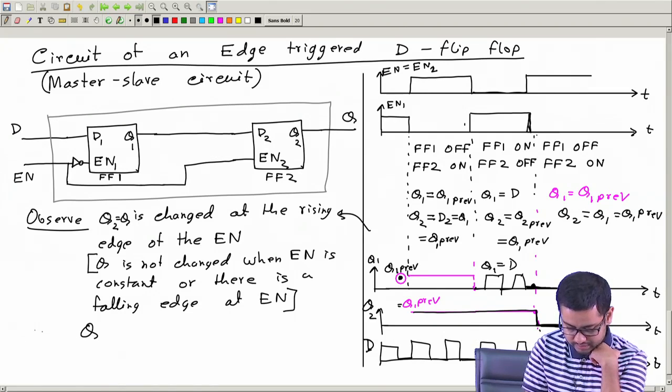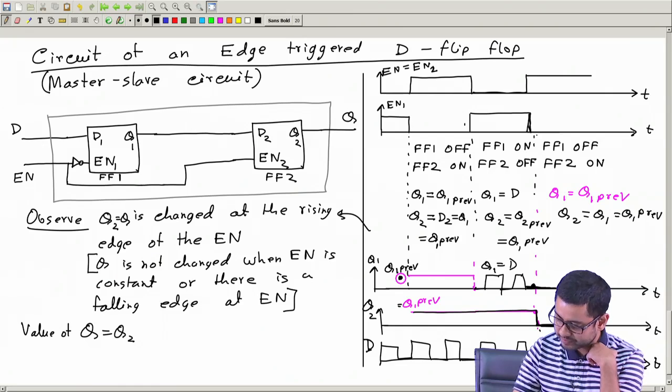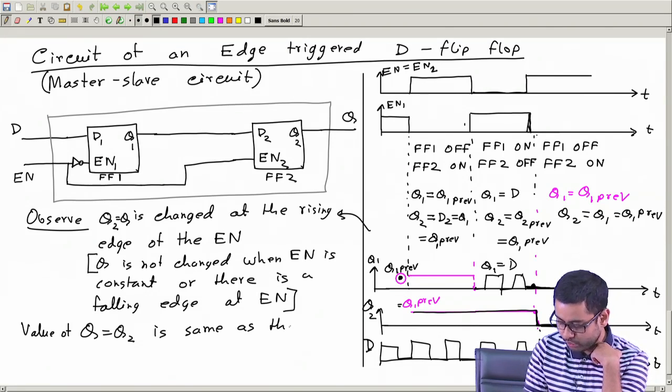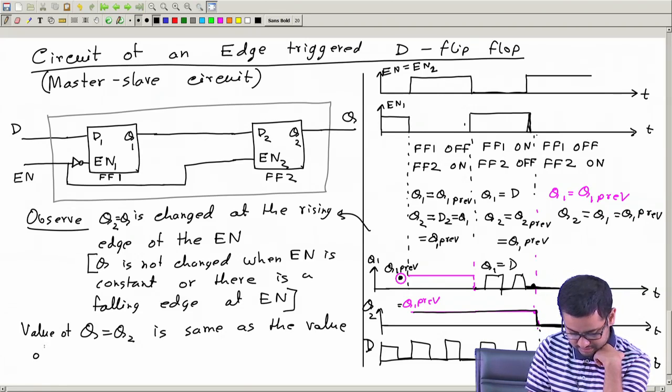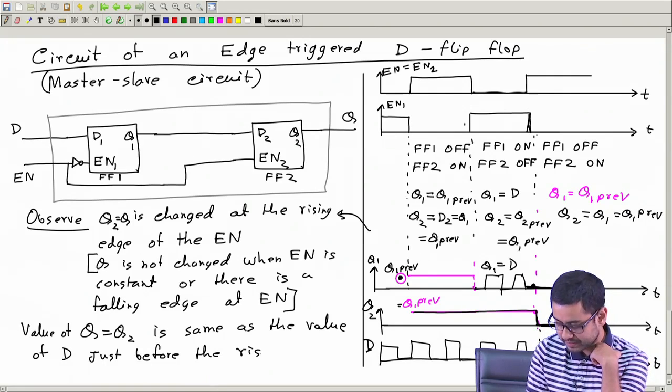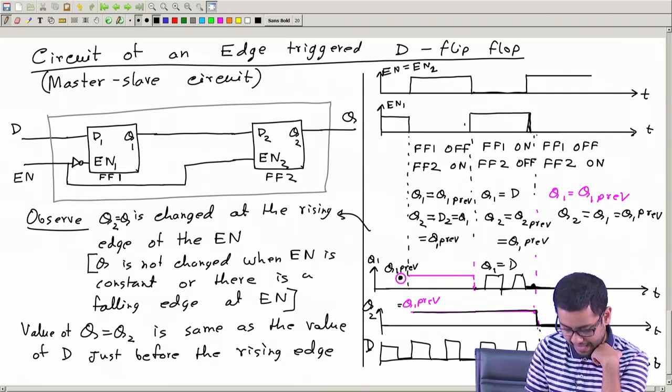And the value of Q or Q2 is same as what? It is the value of Q1 previous. Q1 previous is the value of D just before this instant, this rising edge. So the value of Q2 is same as the value of D just before the rising edge at enable.